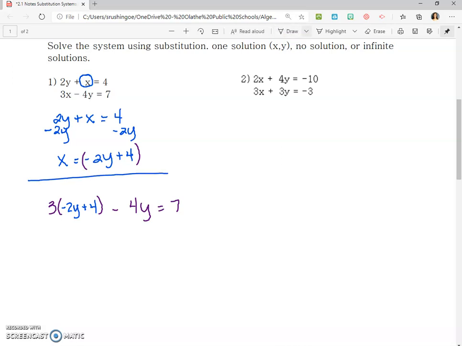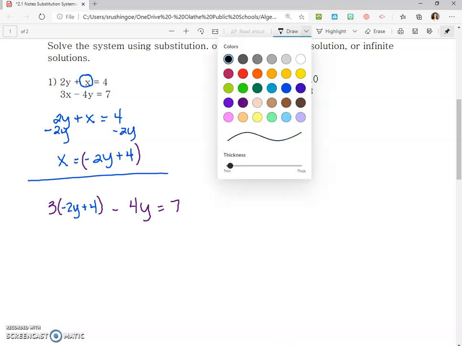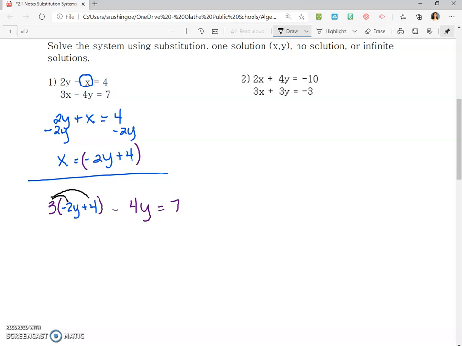So now I do need to distribute because this 3 is in front of the parentheses. So it's negative 6y plus 12 minus 4y equals 7. And then I'm going to combine my like terms, add those together, they're on the same side. So that's going to give me negative 10y plus 12 equals 7.